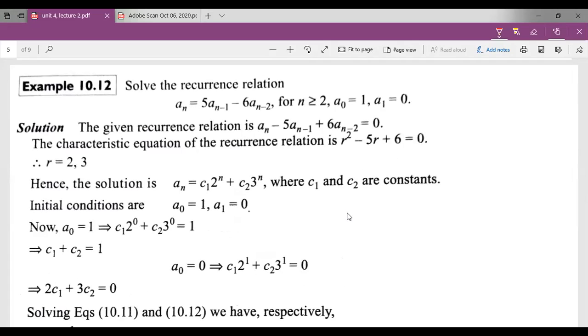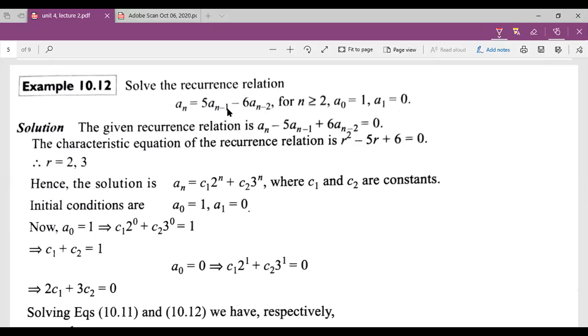So first problem, solve the recurrence relation. The given recurrence relation is a_n = 5a_(n-1) - 6a_(n-2) for n greater than or equal to 2, with initial conditions a_0 = 1, a_1 = 0.